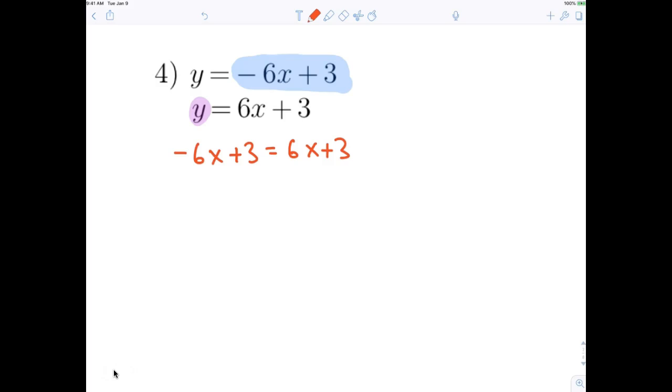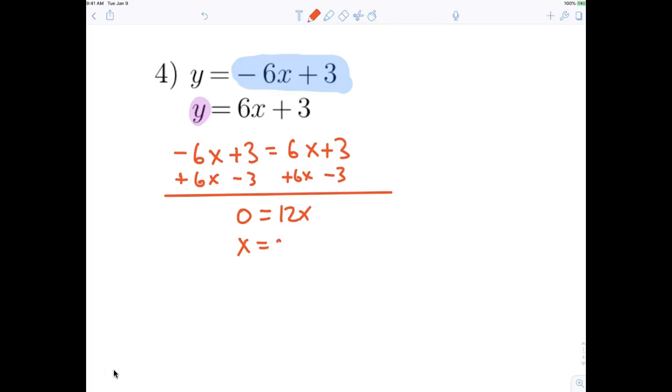All right. Now remember, I want my variable to be positive. So I would add 6X to both sides, and I would subtract 3. So I would have 0 equals 12X. So X has to equal what? 0. X is 0.